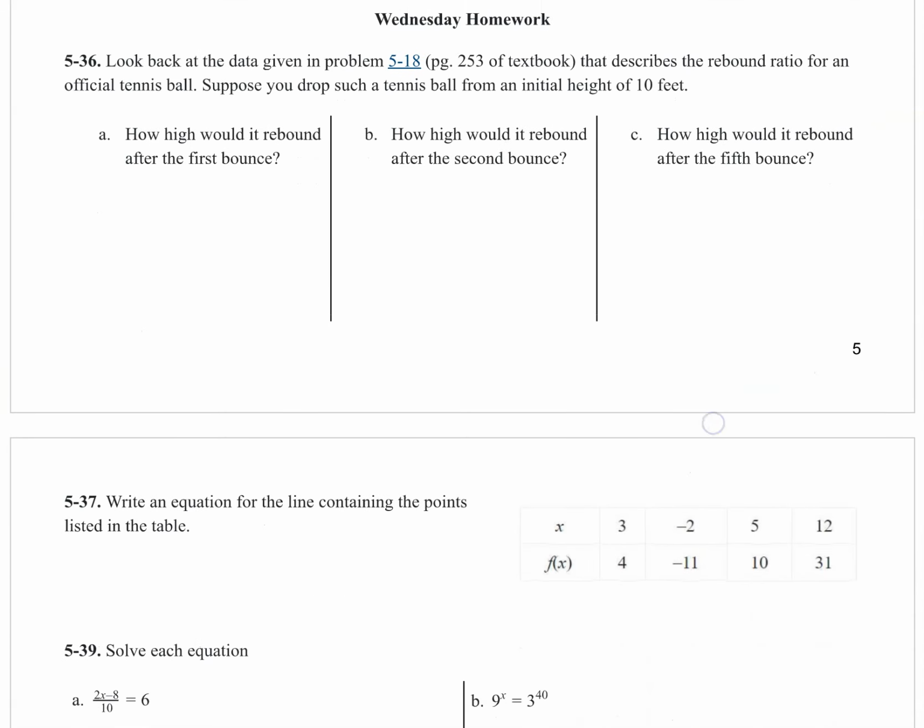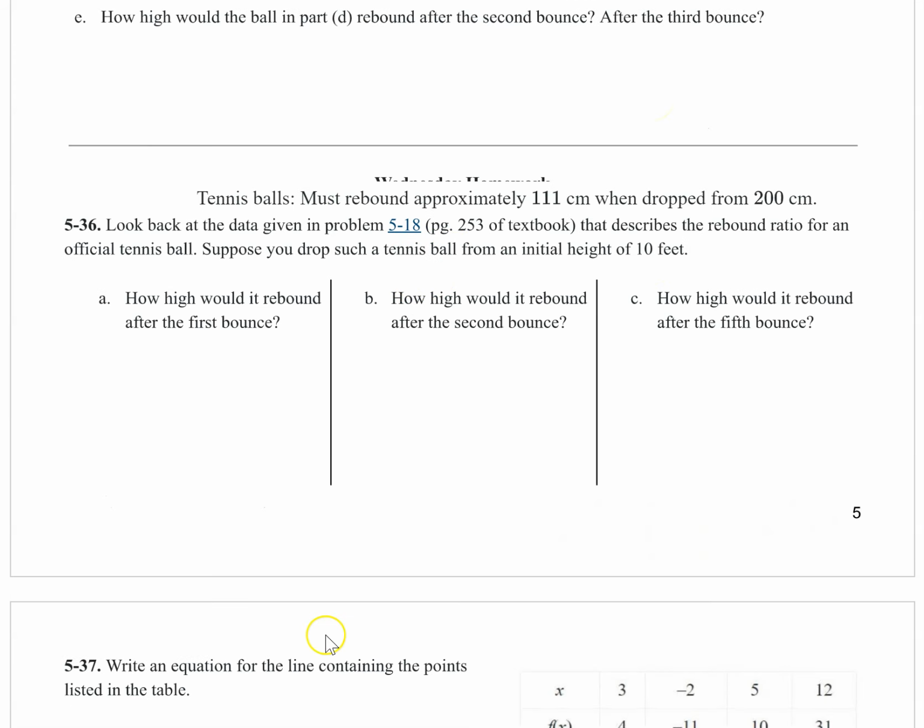Wednesday homework. Look back at the data given in problem 5-18. Alright, let's get that data. Okay, so here's the tennis ball rebound ratio. So to get our rebound ratio, we take the rebound height and divide it by the drop height.